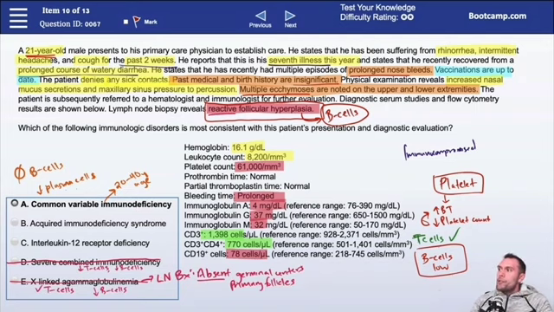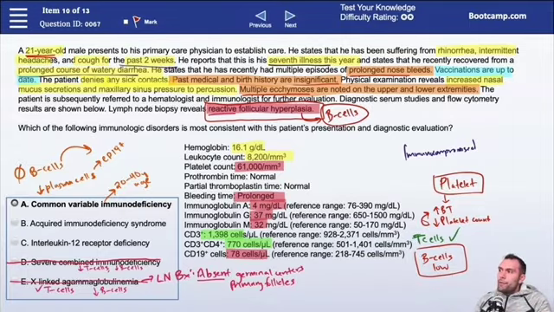Now, plasma cells are also, just like your general B cells, a lot of plasma cells are also CD19 positive, right? Just like a lot of your naive B cells. And so because you have this lower level of plasma cells, because they're both CD19 positive, you can actually get the CD19 positive cells, or the B cells, to be a little bit lower in common variable immunodeficiency. But that's why I tell you that usually in X-linked agammaglobulinemia, the B cell count will be a lot lower, because literally all of the B cells aren't working.